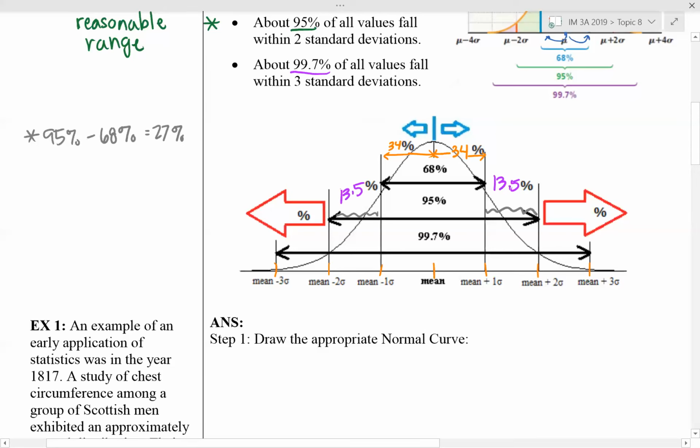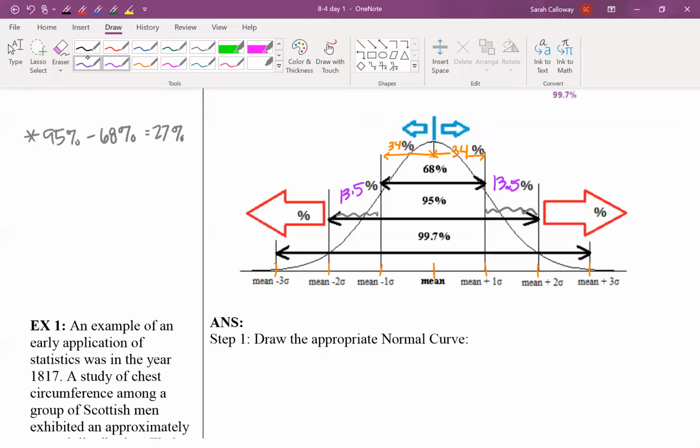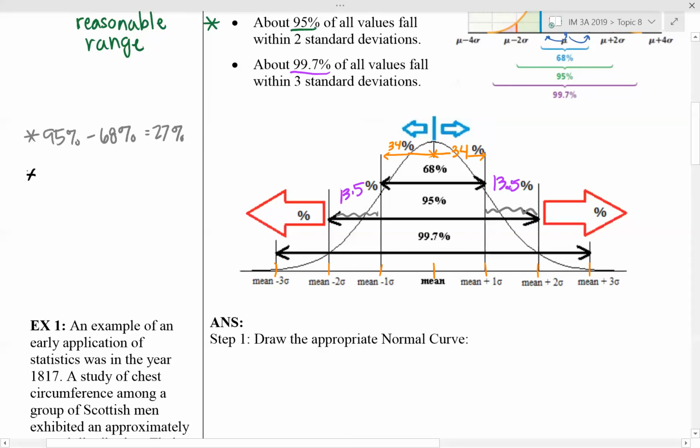And then finally, we don't necessarily check the value between the mean and 3 standard deviations. So technically, if I wanted to find that, I would do 99.7% and subtract the 95%. So 99.7 minus the 95 is 4.7%.